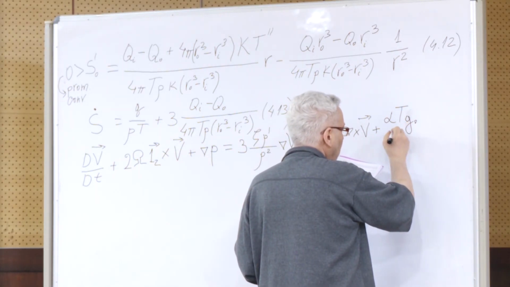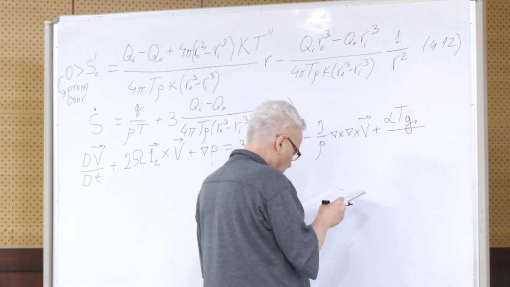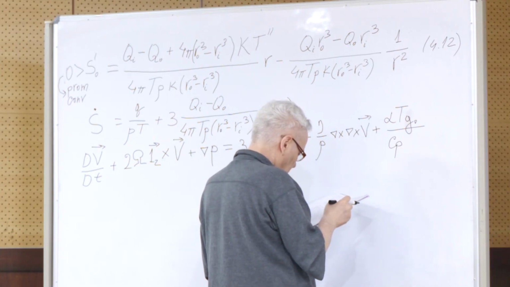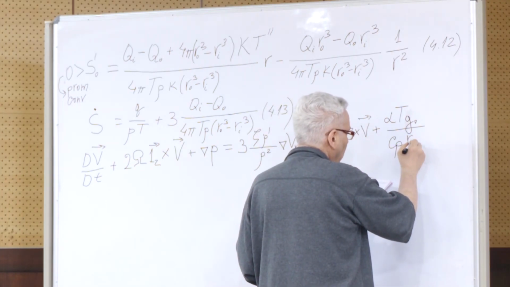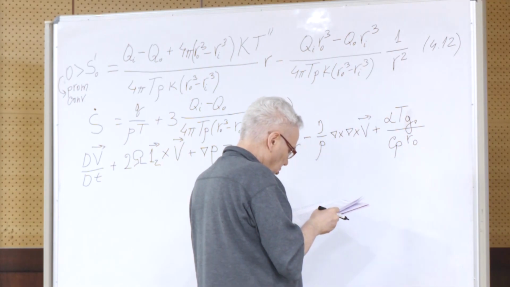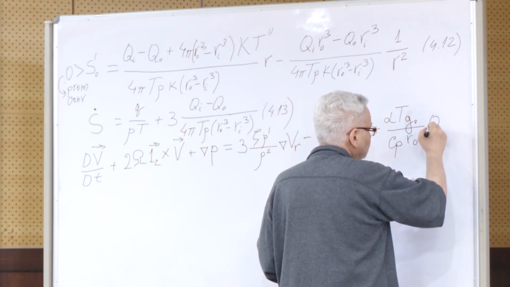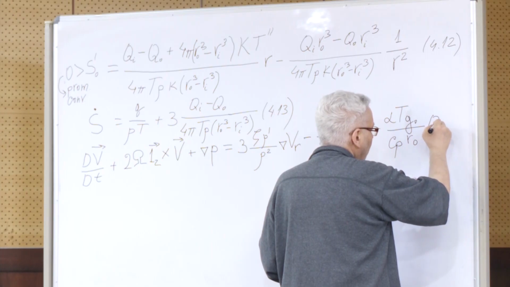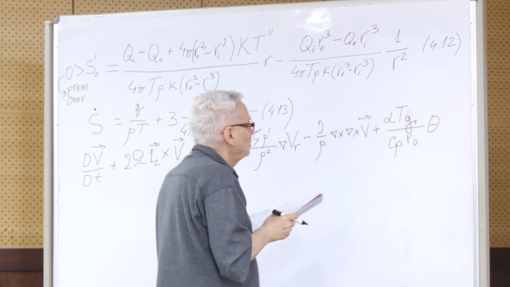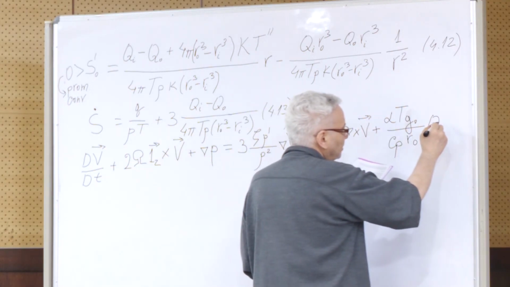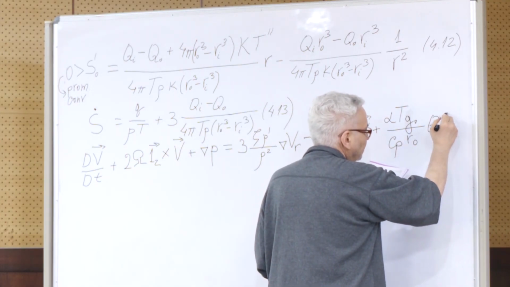Go divided by Cp per O. And here we introduce, instead of the deviation from the convective velocity for the entropy, anything that is on top of that.